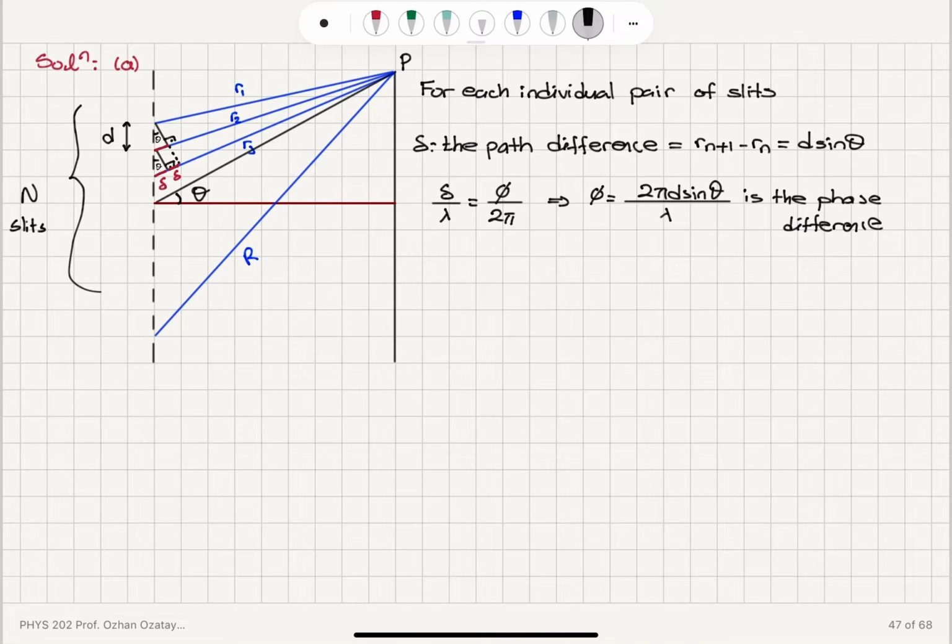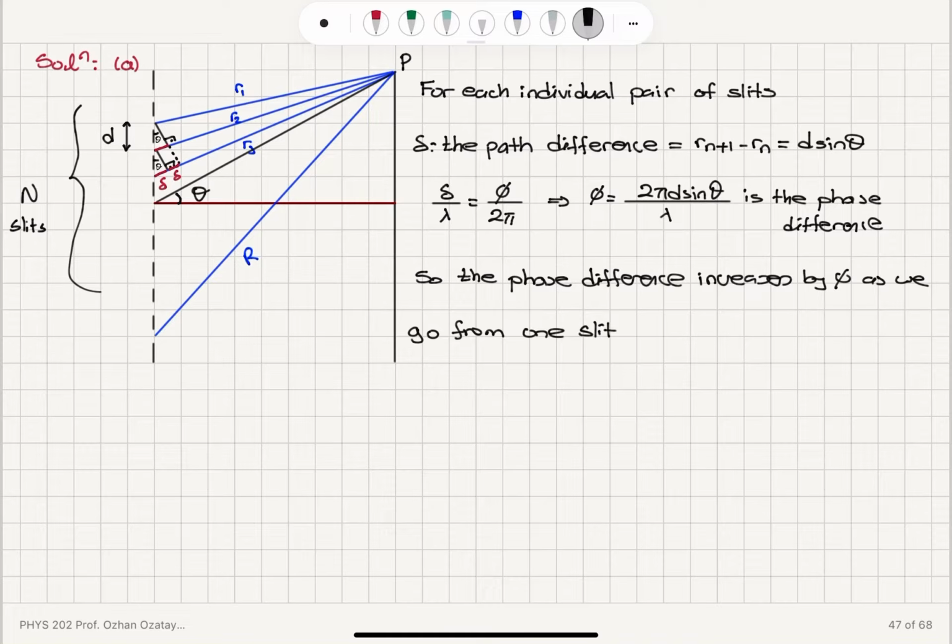So the phase difference increases by phi as we go from one slit to the adjacent slit.